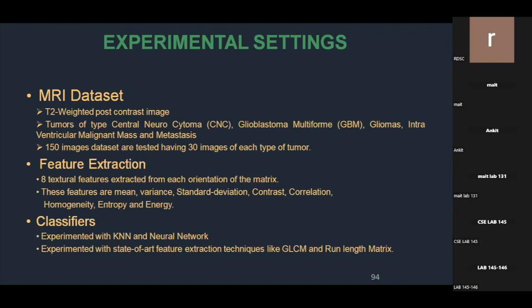We have designed this algorithm and extracted 8 features, just like the traditional GLCM has done, and then we have compared them. These 8 features from GLCM and these 8 features from my clone matrix, which will perform better? Two classifiers are going to be used here, KNN and neural network.